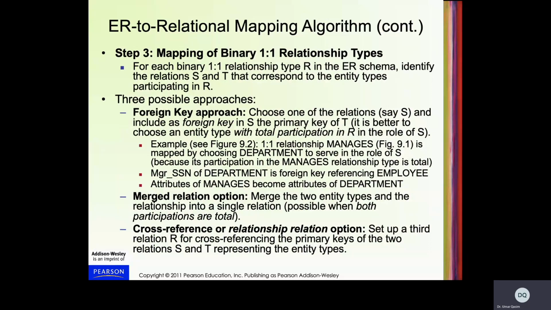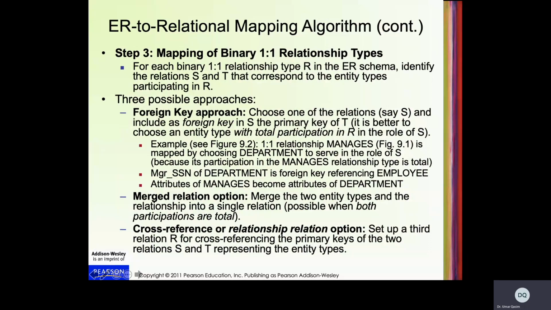Now the rule is, it is better to choose an entity type which has total participation and then use that in choosing to add the foreign key.